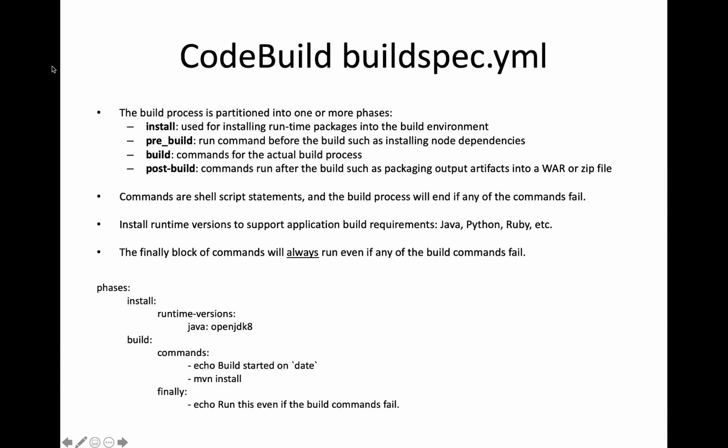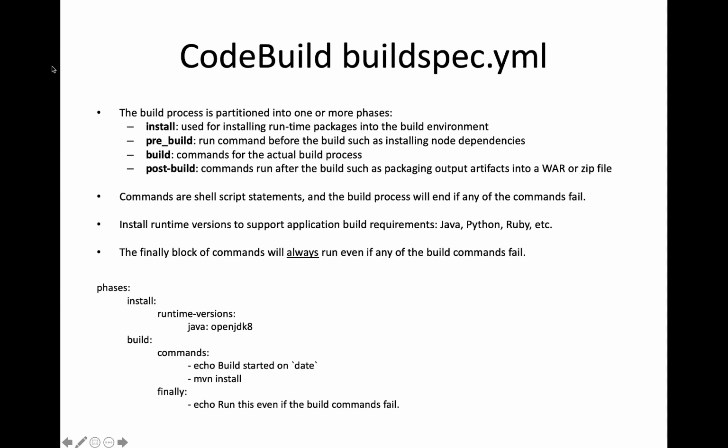There's an install phase, and that's typically where you define the runtime packages that need to be installed into the build environment. For example, you might install Java and the OpenJDK 8 version of Java during the install phase.